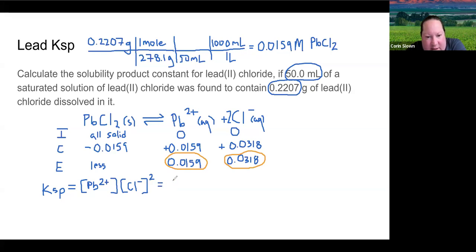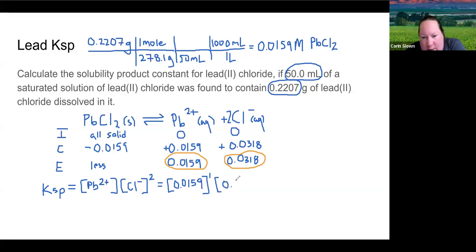So if I plug in the values that I have, it's going to be 0.0159. And again, if you want, you can write to the 1 power, but you typically don't have to. It's just assumed that it's to the first if you don't have anything else written.